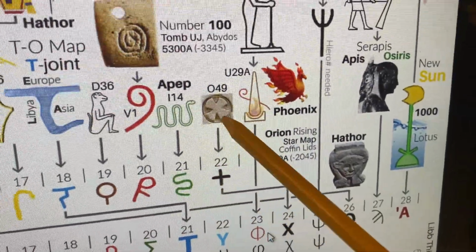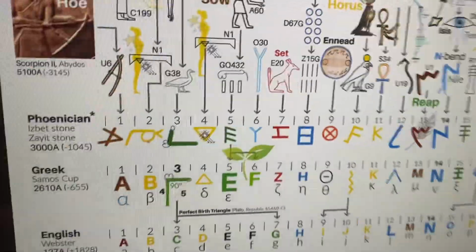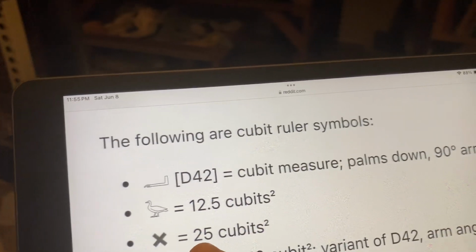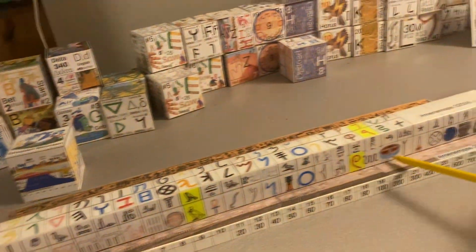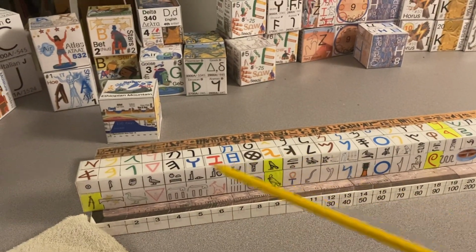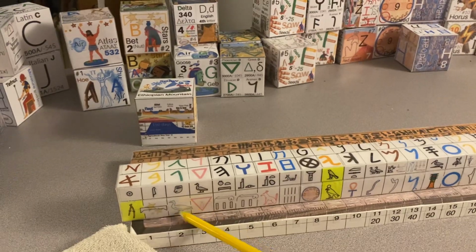It hasn't been fully decoded, but we know that the 22nd letter has something to do with 5 squared. So 5 squared equals 25 cubits squared, or 25 of these makes some kind of farming land, and there's some kind of cipher that hasn't been worked out yet. And this is 12.5 cubits squared.